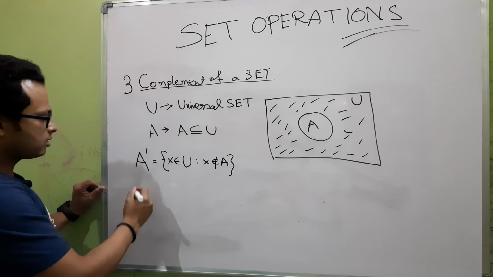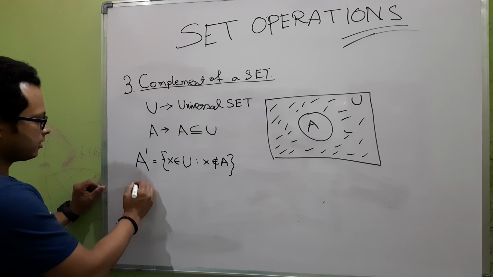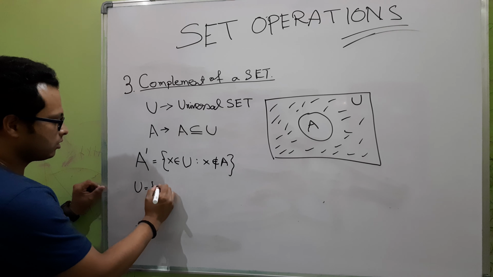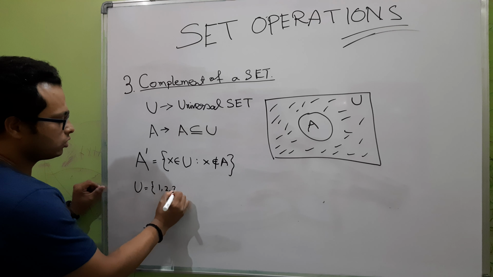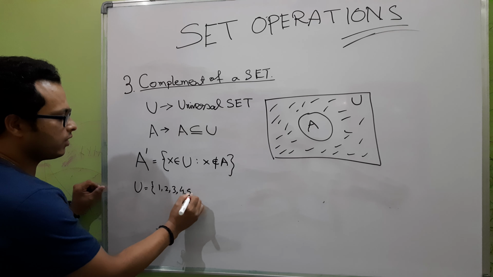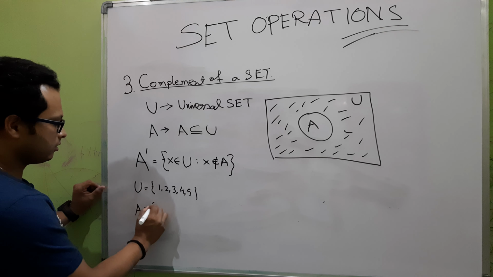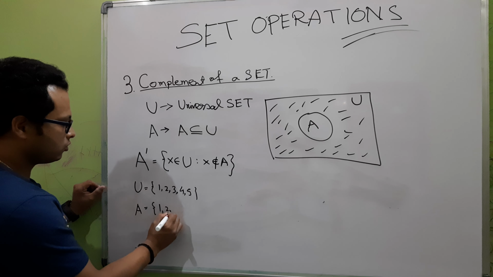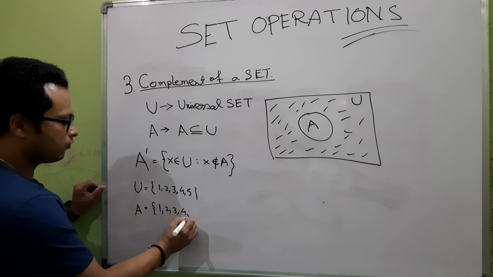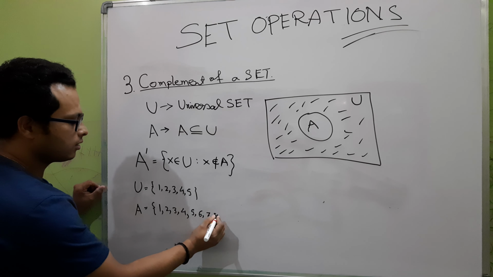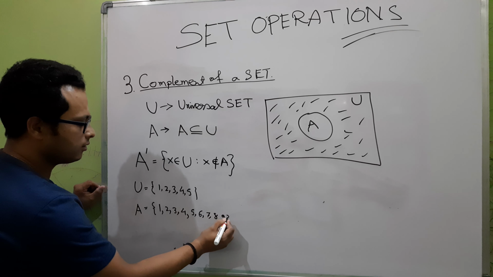We can represent it like that. Say universal set U contains 1, 2, 3, 4, 5, and set A contains 1, 2, 3, 4, 5, 6, 7, 8, 9.